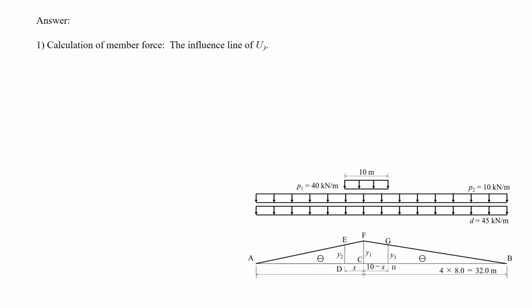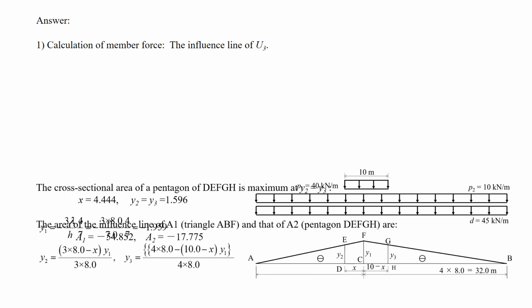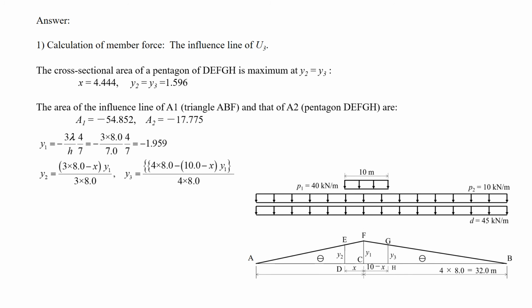First, calculation of member force using the influence line of U3, which is shown here. We have to find a critical position for P1 so that it produces the maximum value, which occurs at y2 equal to y3.